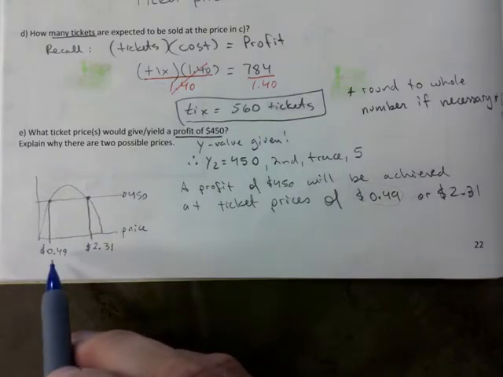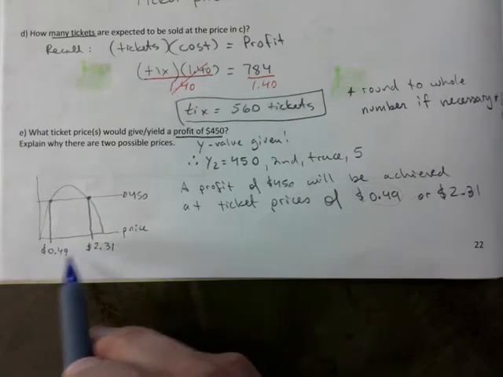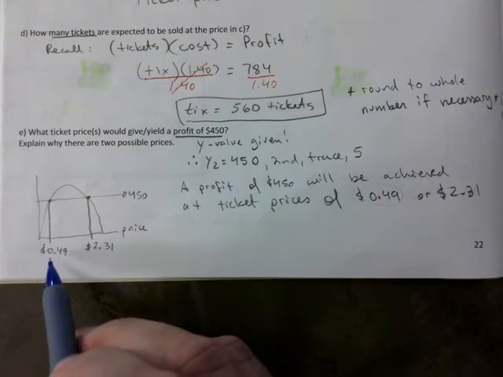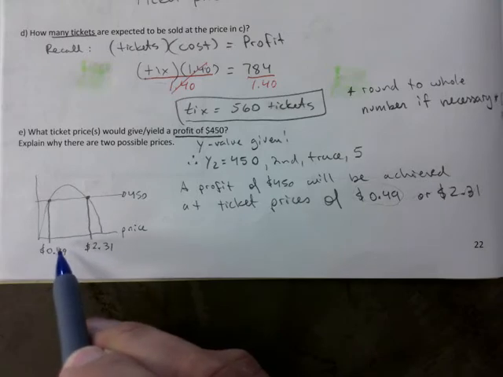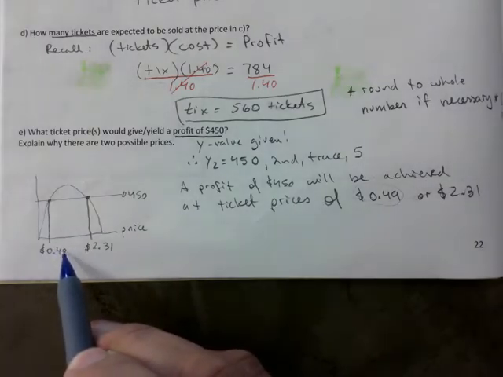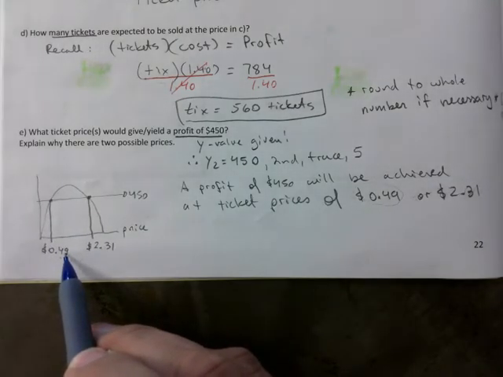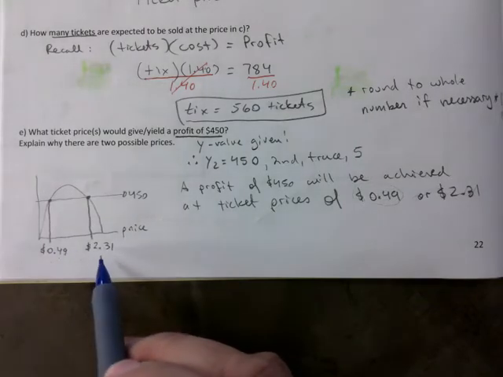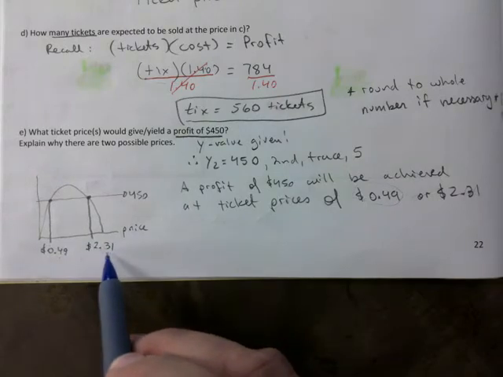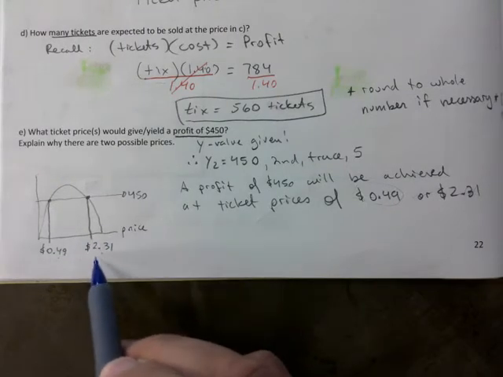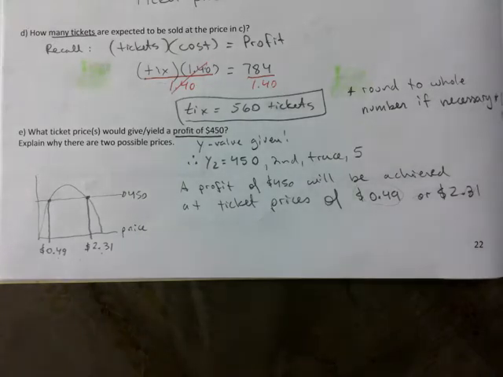So as a company, you have to decide what is more important to you. Do you rather have it more accessible to people, while still making the same amount of money? Or are you limited in how much you can offer, but you'd still like to make 450, so you charge a little bit more, but still achieve the same end result?